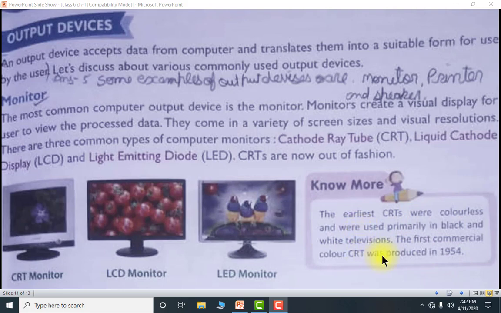But in India, till the 1980s and 90s, we had black and white CRTs, because colored CRTs were very costly. That's why till the 1990s we had CRTs that were black and white, colorless. So learn this properly.